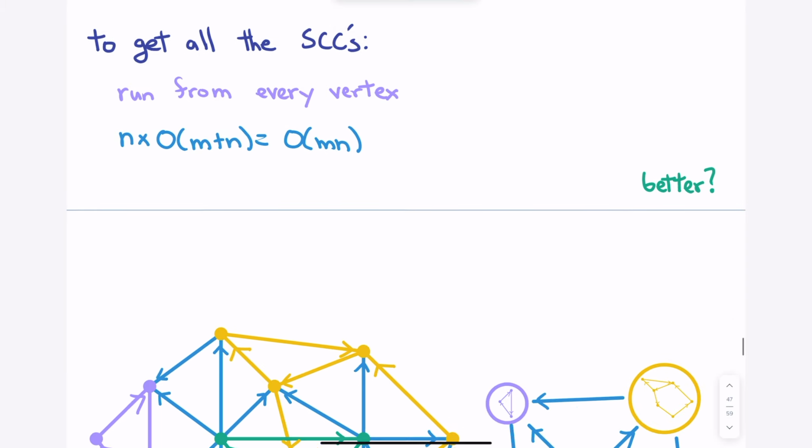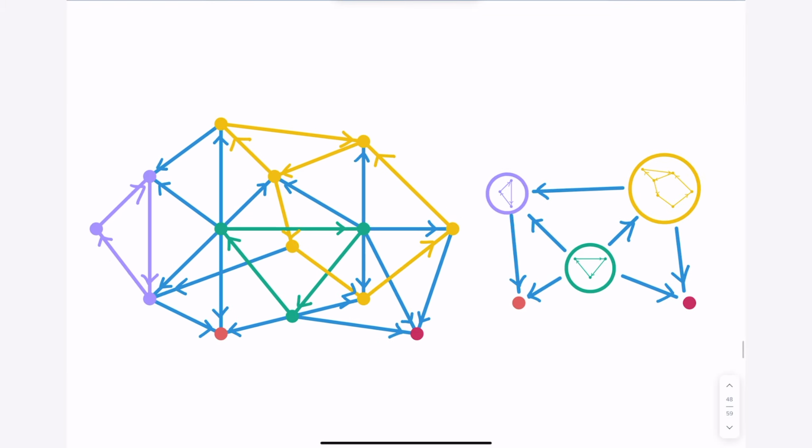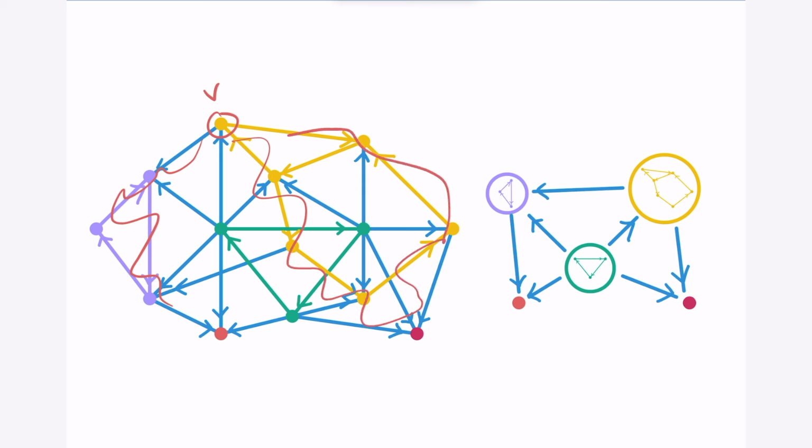For some reason, I thought this would be a helpful visual cue. If I had chosen DFS starting from V here, it's going to visit quite a lot of the graph to eventually figure out that yellow is what I'm looking for, right?